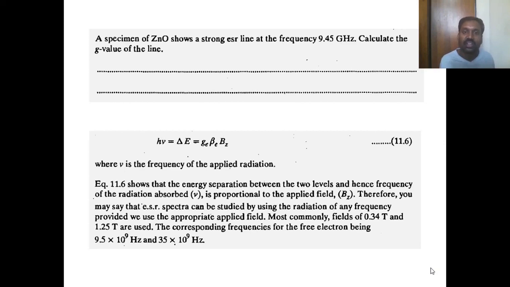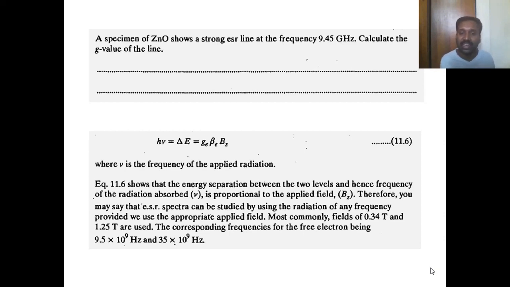Zinc and oxygen, or the isotopes of zinc and oxygen in this problem, both have I equal to 0. Therefore, the electron is not under the influence of a magnetically active nucleus. When the electron comes under the influence of a nucleus with non-zero I, it is no longer a free electron, so the g_e value differs.